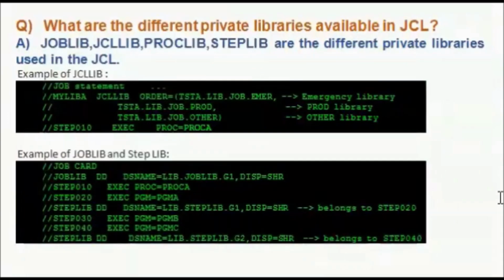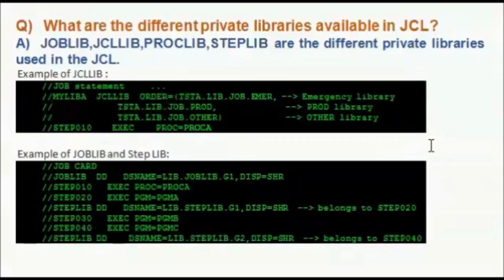Example of JOBLIB and STEPLIB. STEPLIB applies only to the particular step, whereas JOBLIB applies to all the steps in your job. When you code both JOBLIB and STEPLIB, the program will be searched in the STEPLIB first. When the load module of the program is present in STEPLIB, it will execute. Otherwise, the load module will be searched in the JOBLIB.